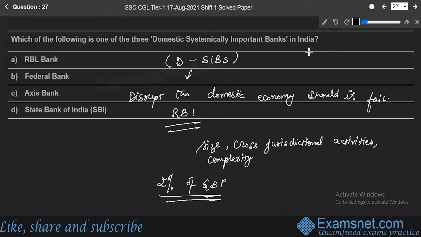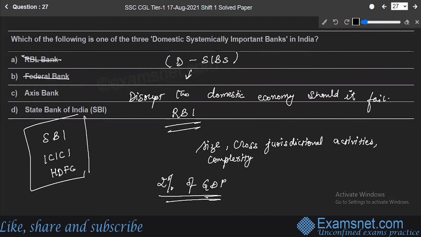And the Reserve Bank of India has retained three banks. Which three banks? It's SBI, that's State Bank of India, ICICI, and HDFC Bank. These three banks are domestic, systematically important banks. So RBL is not the option, Federal no, Axis is no. State Bank of India is the correct option to the given question. Let's see.